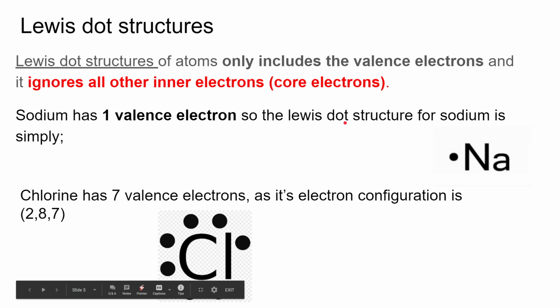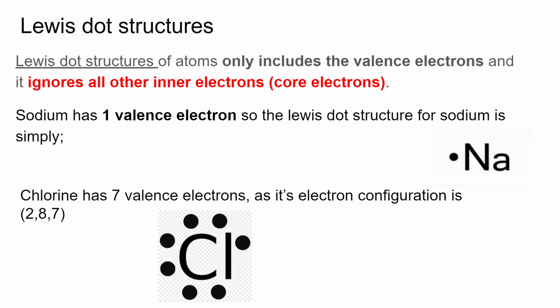And so as you can see, it's got 7 dots around the outside of it, because it has 7 valence electrons. What this means is sodium can donate its electron to chlorine. Sodium will gain a positive charge, chlorine will gain a negative charge, and it'll make sodium chloride, that classic salt that we're familiar with.